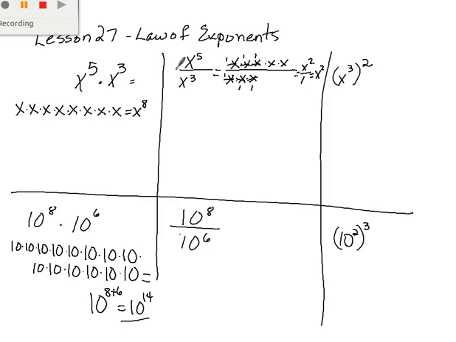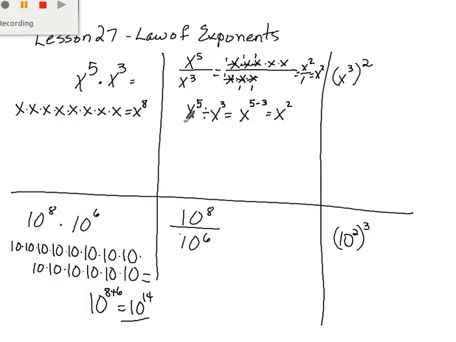So essentially in division, when you have the same base number, you can subtract exponents. So x to the fifth divided by x to the third is x to the 5 minus 3, or x squared.